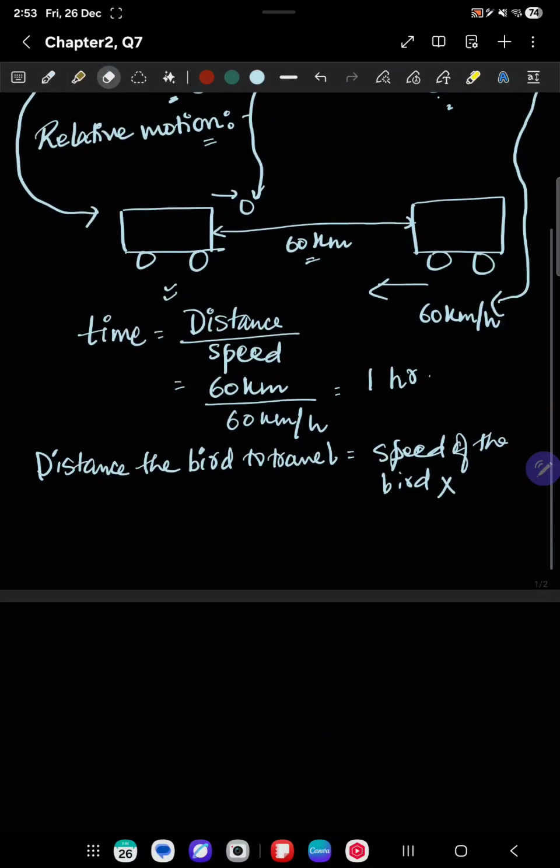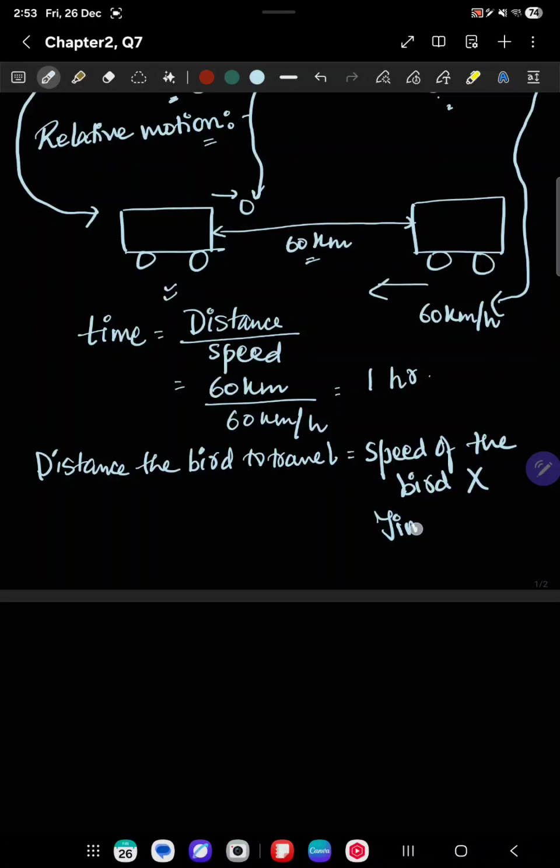Let me write it clearly. See, the distance the bird travels is nothing but the speed of the bird into the time until the two trains meet.